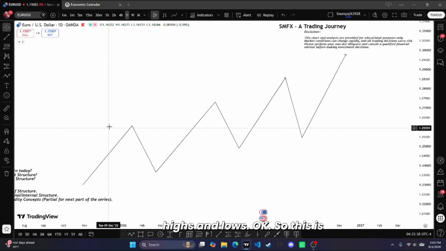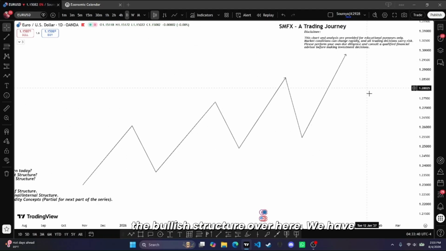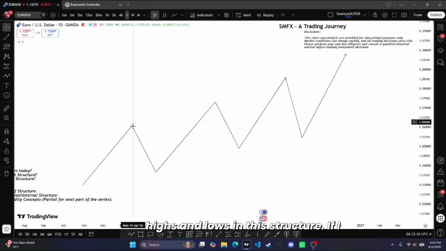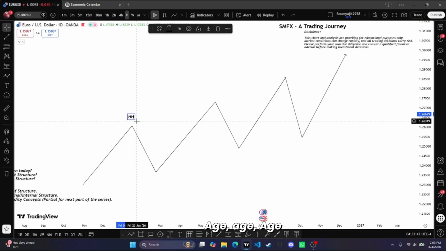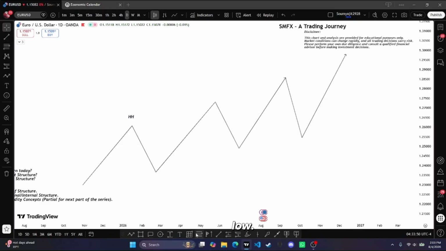Okay, so this is a bullish structure over here. We have highs and lows in this structure. If I mark them, it will be like this: HH, HL.